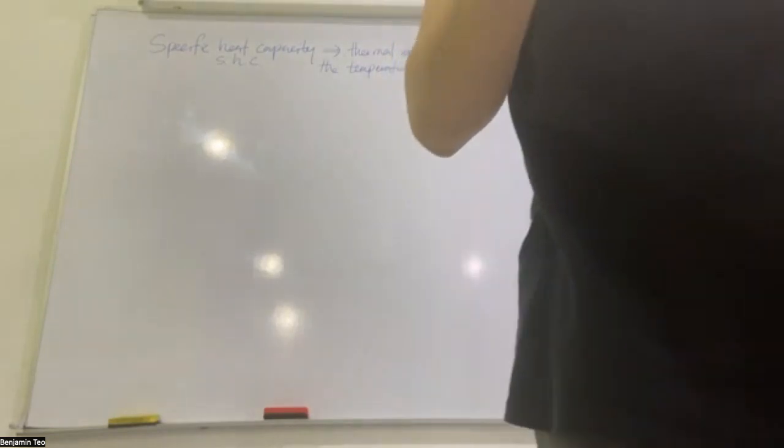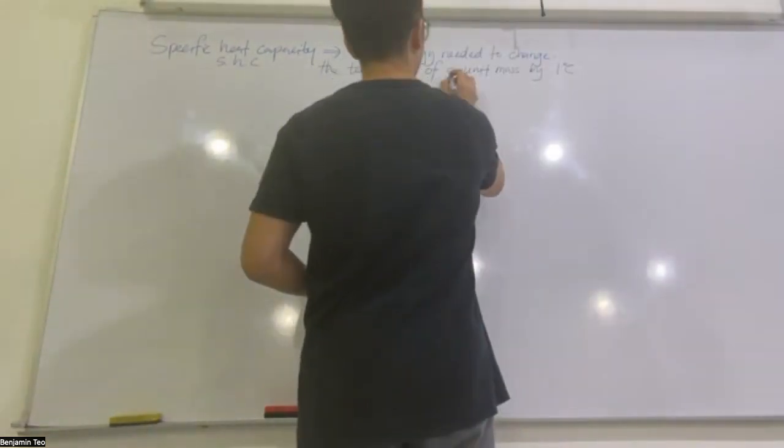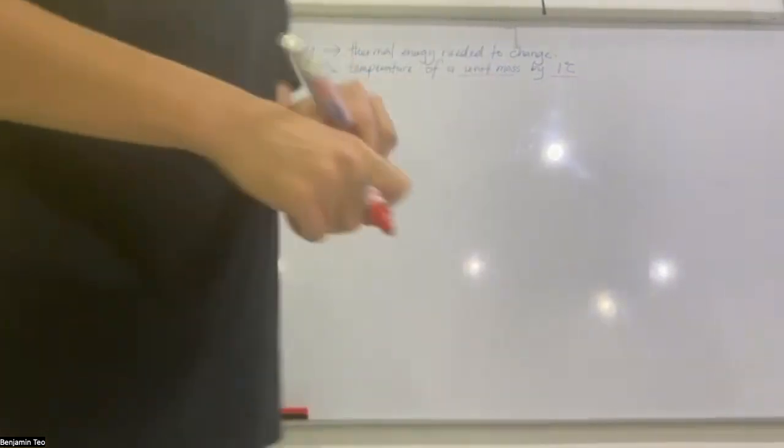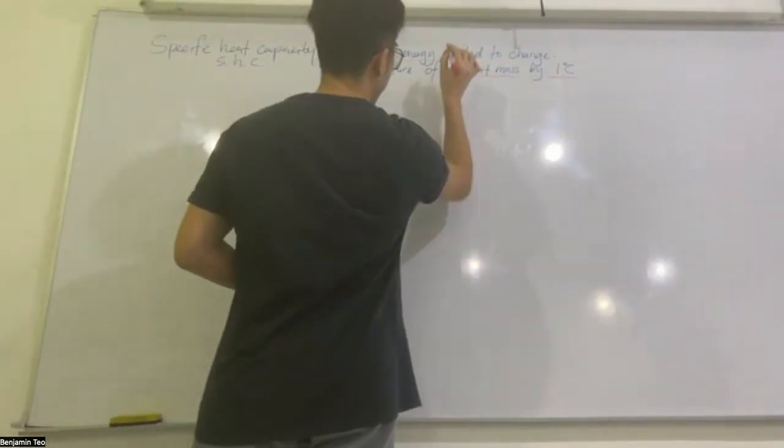When you define it, the keywords are unit mass and unit temperature. You have to mention that. Also, you have to mention the energy used to change.